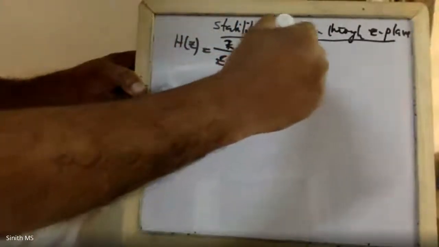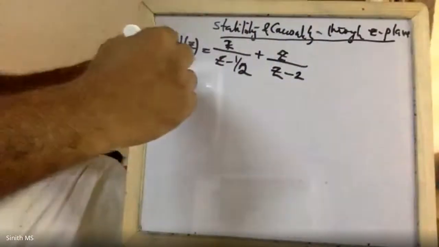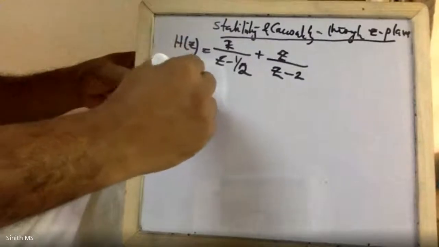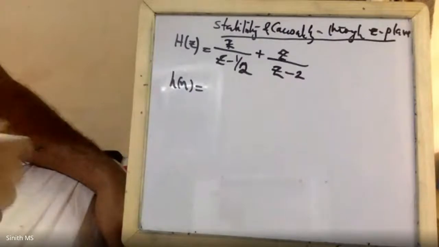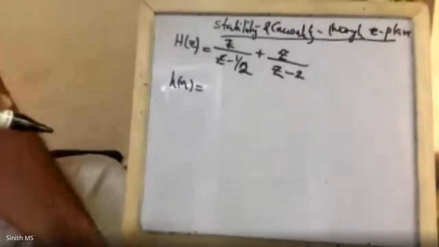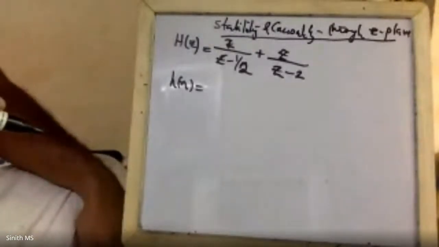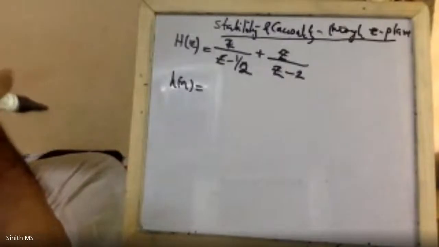Suppose it is z by z minus half plus z by z minus 2. h(n) can be, so this is of the form z by z minus a plus z by z minus b, which has an impulse response a raised to n u(n) and b raised to n u(n) if the ROC is such that mod z is greater than a and mod z is greater than b.